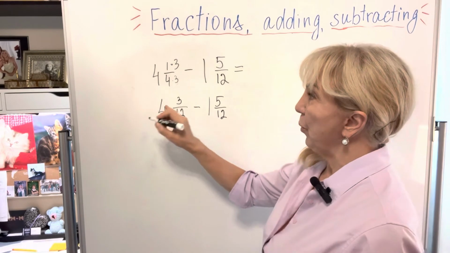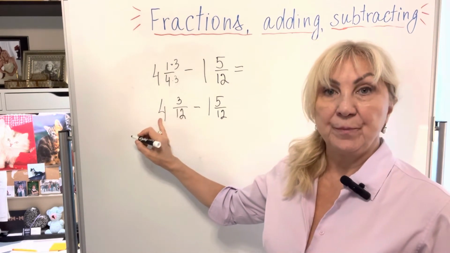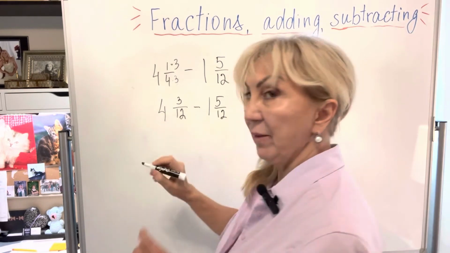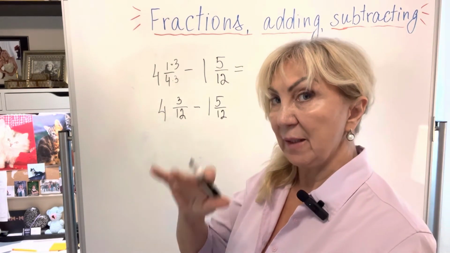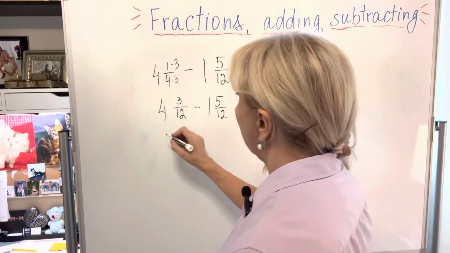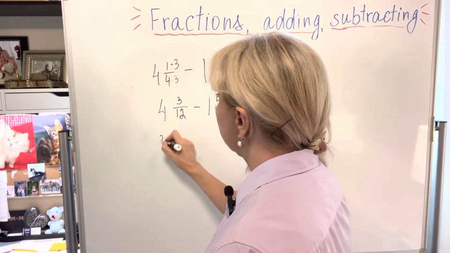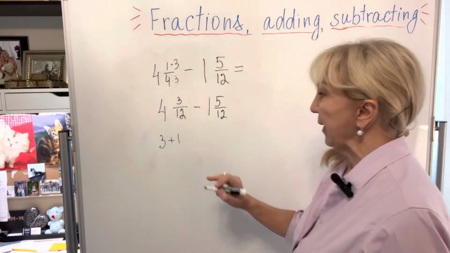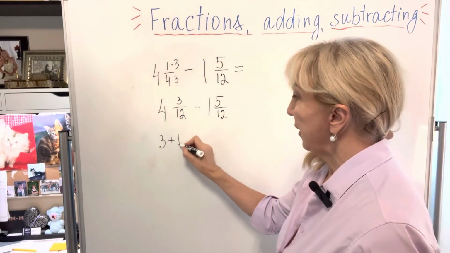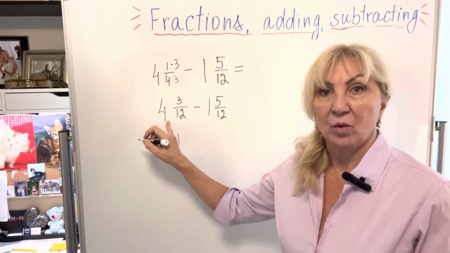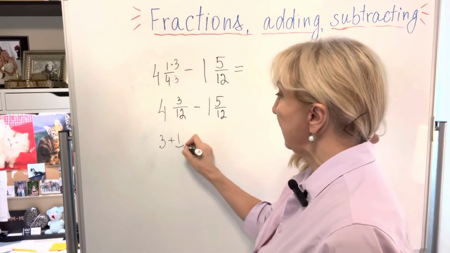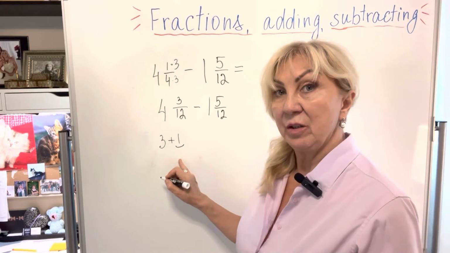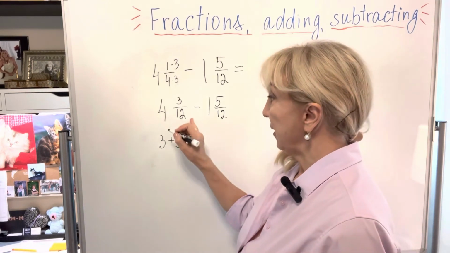So we have to do something different. We're going to borrow 1 from the whole number 4. I will show it step by step the first time. It's 3 plus 1, that is my 4. But the 1 we write as a fraction with denominator 12.